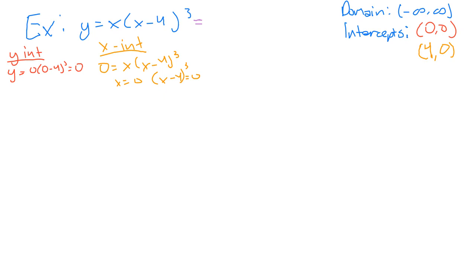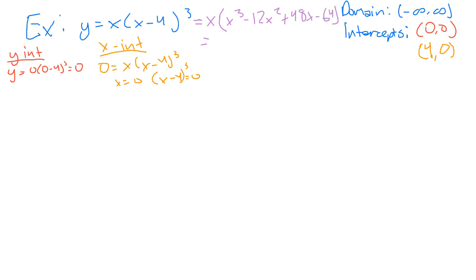It's a little bit easier to look at if we expand it. We get x times the expansion of (x minus 4) cubed, which is x cubed minus 12x squared plus 48x minus 64.